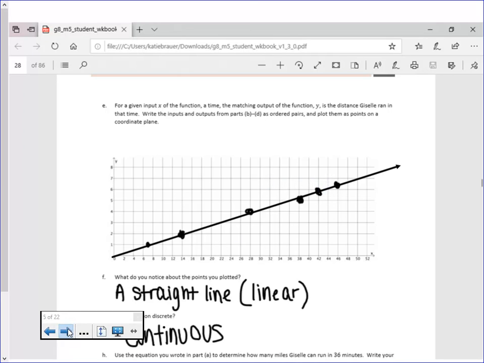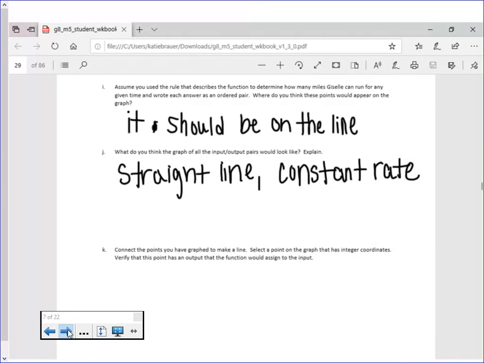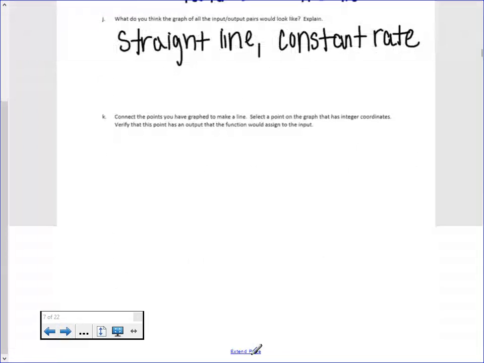So if I plug in, what letter are we on? Okay. I'm going to plug in a 6 for y and see how many minutes she could run 6 miles. So all we have to do is divide this by 0.14. So someone take 6 divided by 0.14.